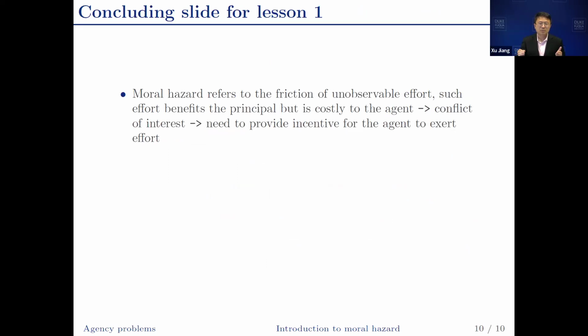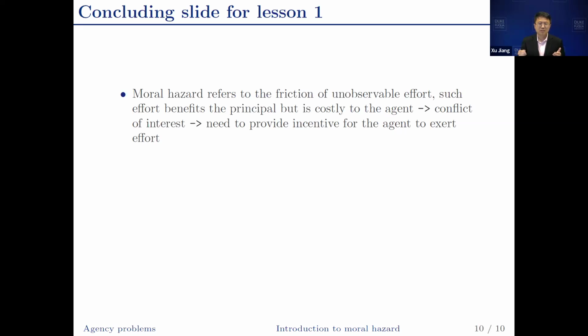So to conclude, moral hazard refers to the friction in the economy of effort being unobserved. This effort is going to benefit the principal, at least in expectation, but it's costly to the agents. So there's a conflict of interest between the principal and the agents. Combined with the friction of unobservable effort, it generates agency problems.